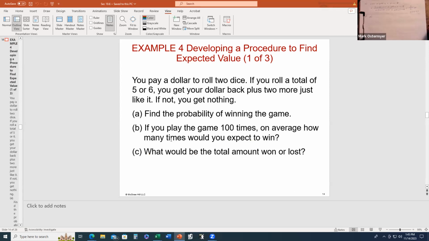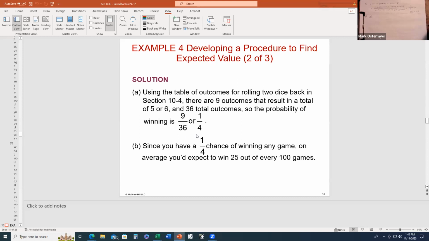Okay? Suppose we play this game 100 times, rolling these 2 dice. On average, how many times would you expect to win? In other words, on average, of the 100 rolls of these 2 dice, how many times would you expect to roll a sum of a 5 or a 6? Well, when we play the game once, we've seen that the probability of winning would be 1/4 chance, correct?